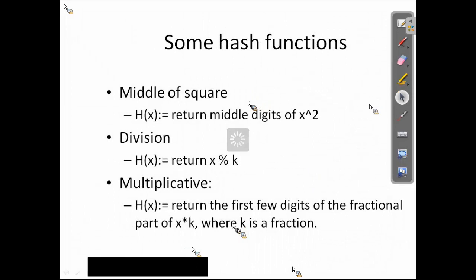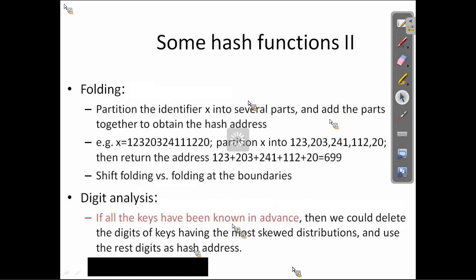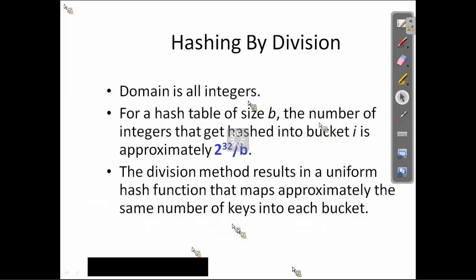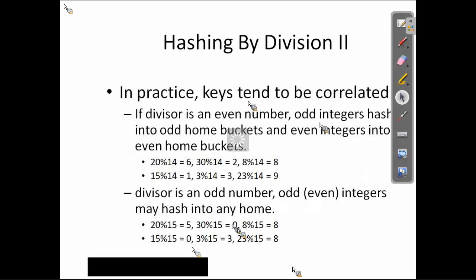Moving on, they have given some examples of hashing functions. I think we can skip this. These are some more hashing functions, and there is some more hashing strategy, hashing by division, whatever. Not important.